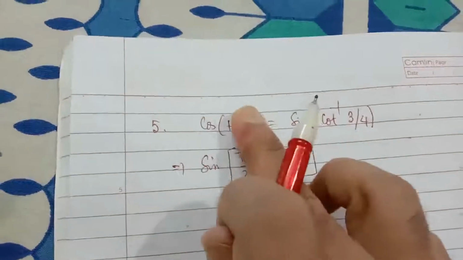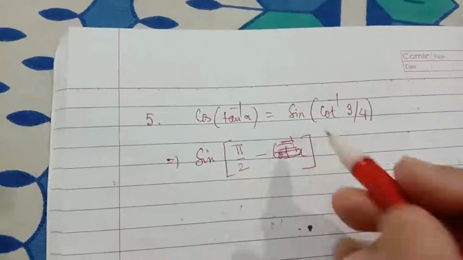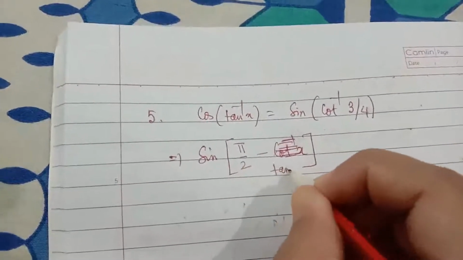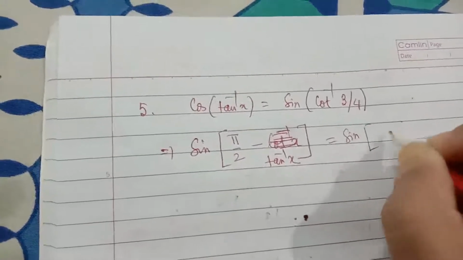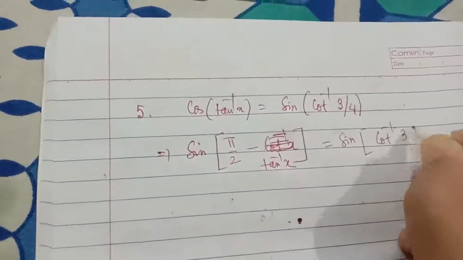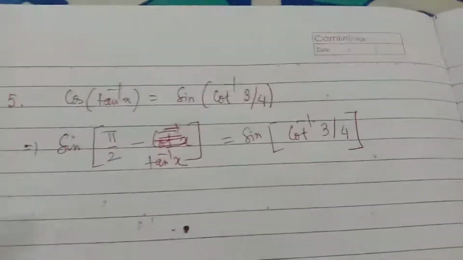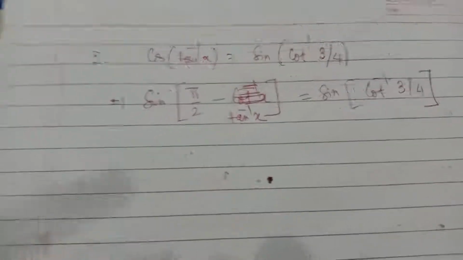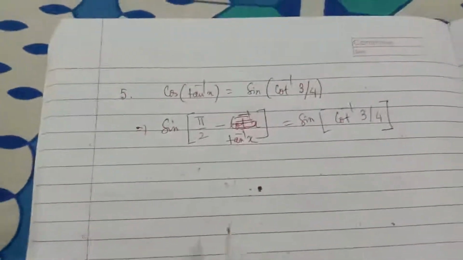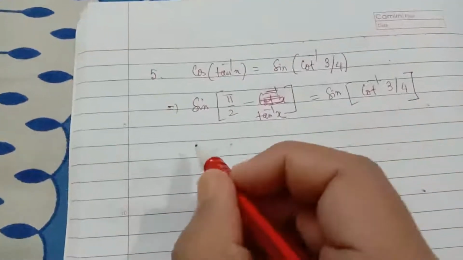You see, I assume this as theta, cos theta equal to sine 90 minus theta. There are other methods also, but if we proceed in this way, we can easily solve the equation in two or three lines.